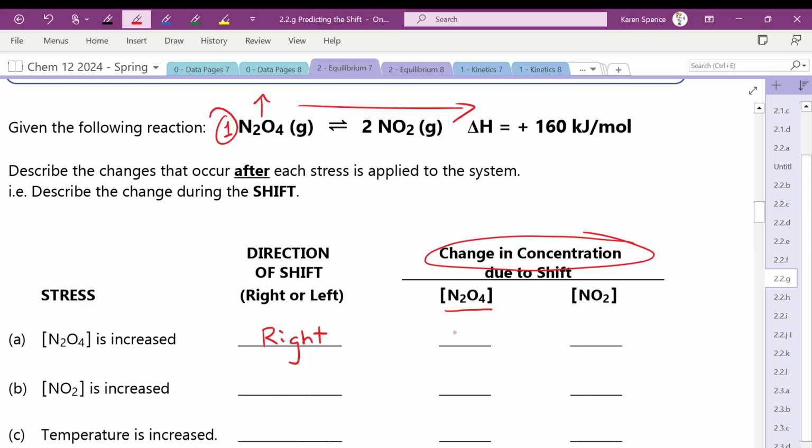N2O4 is going to go down then by 1x, and NO2 is going to go up by 2x. I don't know if you actually need to do the 1x and 2x here, but I know you do on the next page. So there we go. Okay, so just give all of those a try. See how fast you can get.